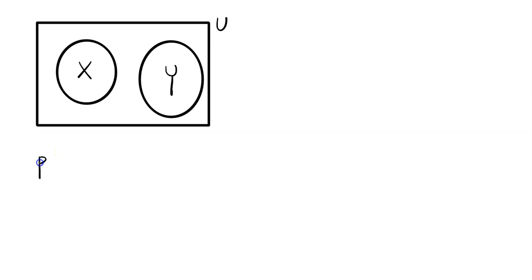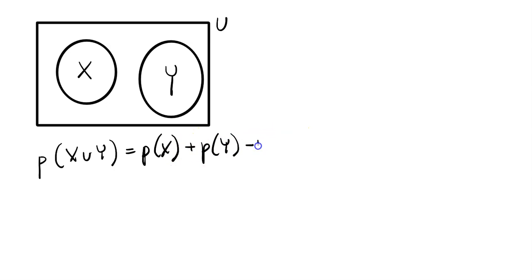In this case, if we have this formula, the addition formula, we know that it's always equal to this. But this last term here means that both will happen. But we see that since they don't overlap, this cannot happen.